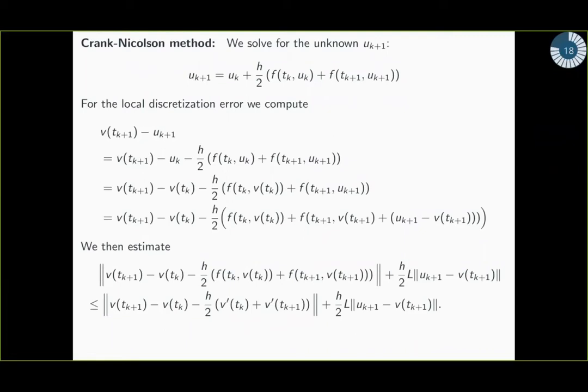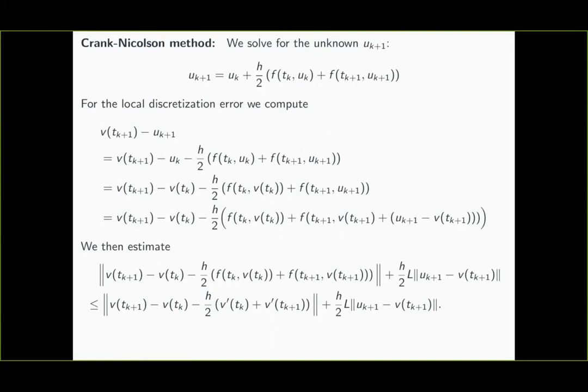So we recall that at each iteration, u_{k+1} equals u_k plus h over 2 times f(t_k, u_k) plus f(t_{k+1}, u_{k+1}).